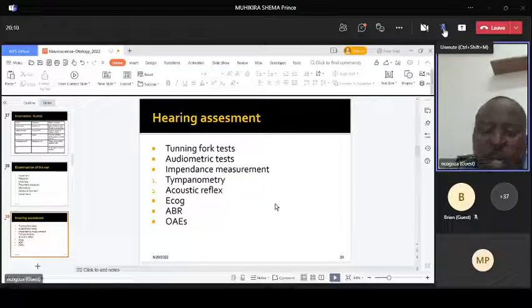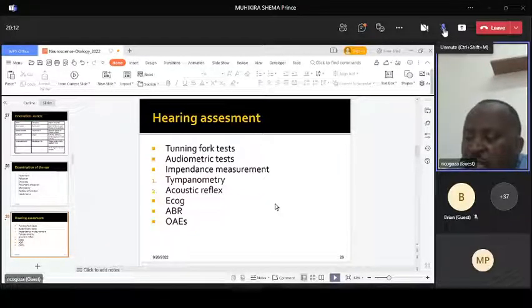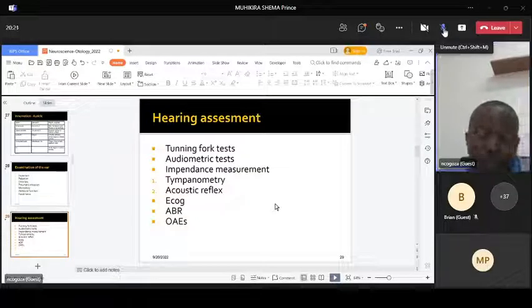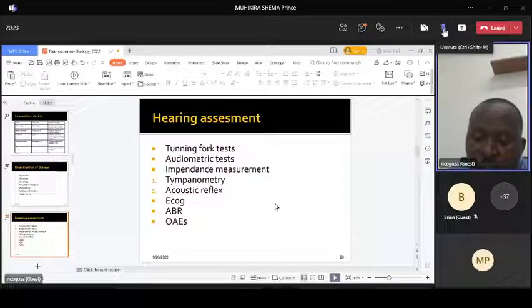Those are tests that you can do to test the kids or the ones who are not compliant with the audiometric test. So all of these tests you will have them when you come for your rotation.